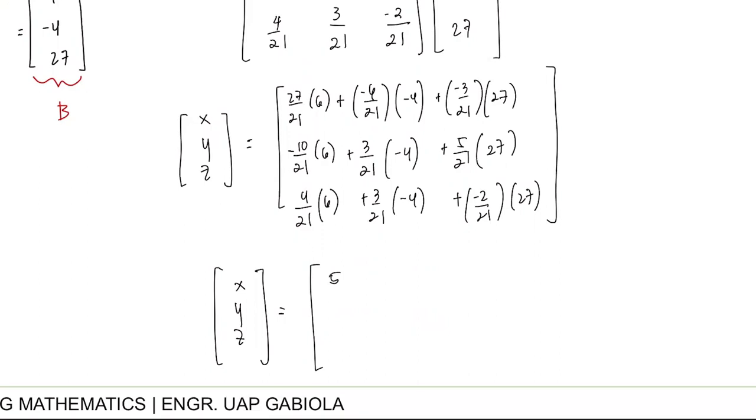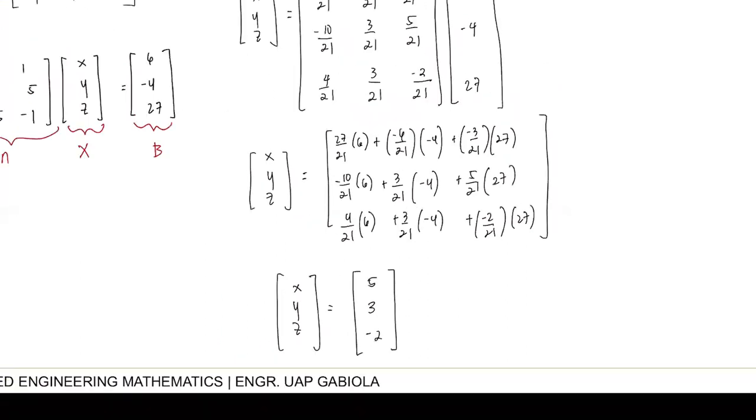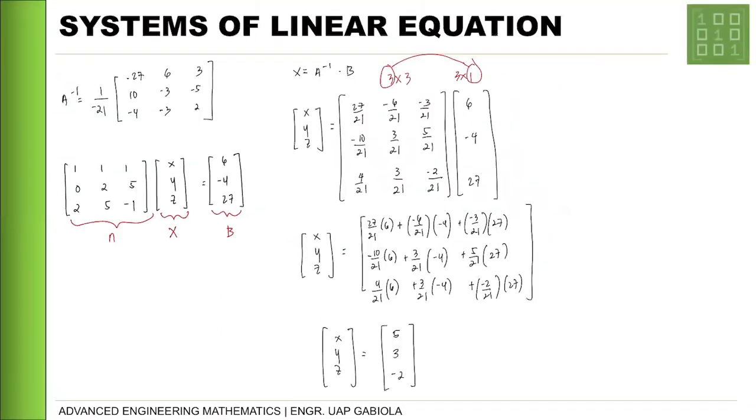Okay, 6 plus 3 over 21, negative 4 plus 5 over 21 times 27, that is 3. Okay. Next, 4 over 21 times 6 plus 3 over 21 times negative 4 plus negative 2 over 21 times 27. That is negative 2. So, ibig sabihin ng value ng x, y, z natin ay 5, 3, at 2. So, using yung matrix natin, nakuha natin yung value ng x, y, z.